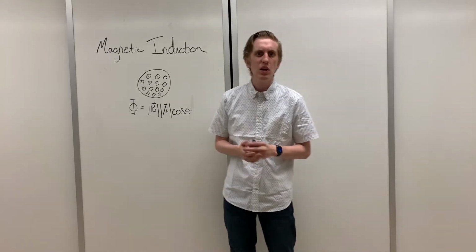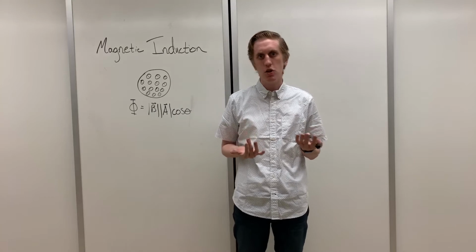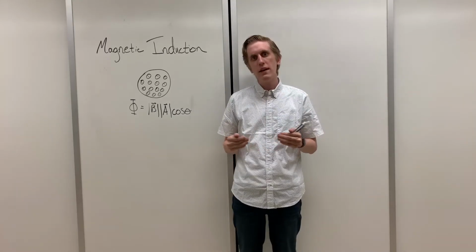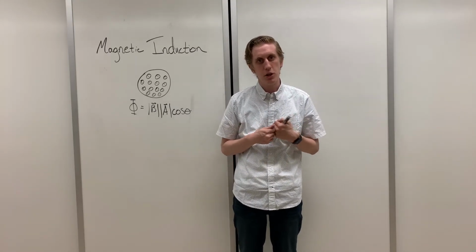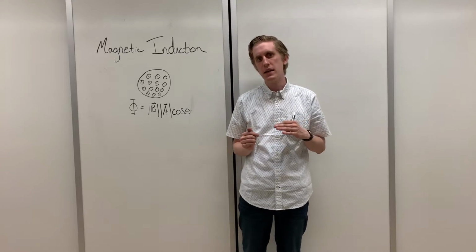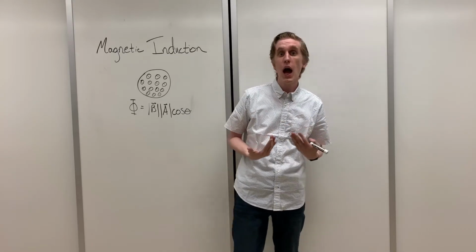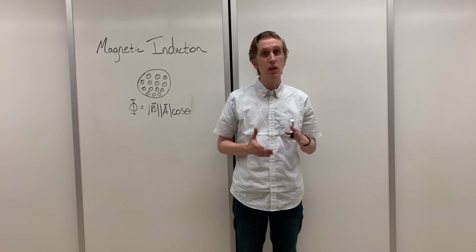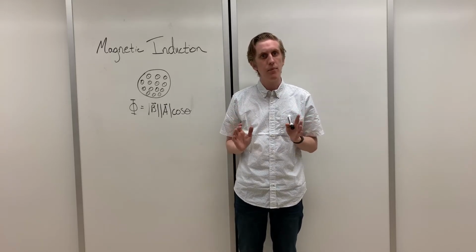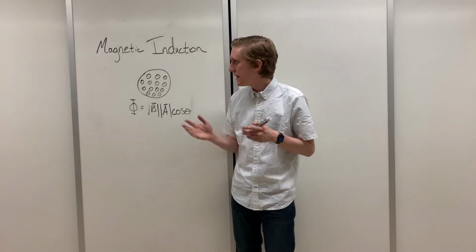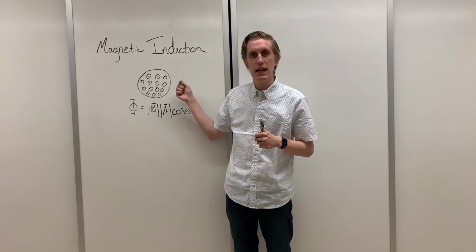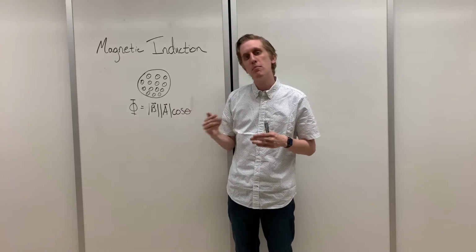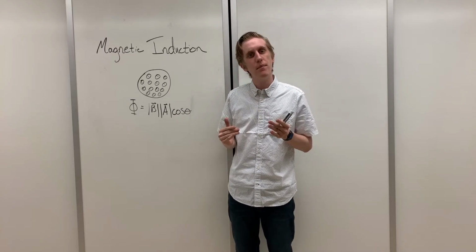Well, to do that, we are going to introduce an idea known as Lenz's law. Whenever you're dealing with magnetic induction, the current that is being created is always going to try to keep the flux where it was. So, for example, in this case, the magnetic field is pointing this way, but it's getting weaker.